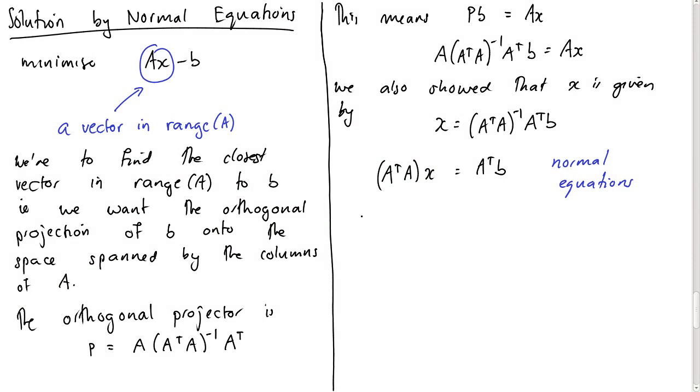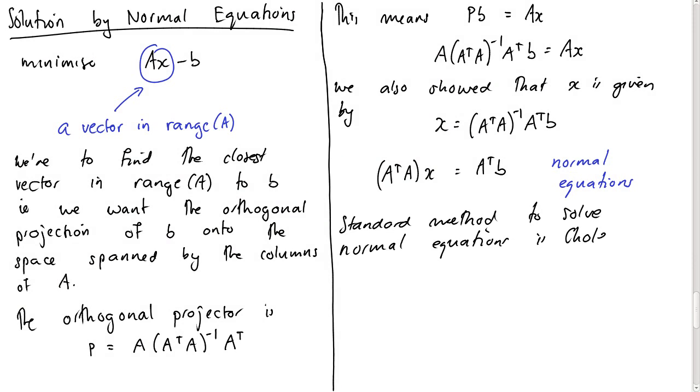So the standard method to solve these normal equations is by something called Cholesky factorization. We will do it later on in the course, so I'll just put the word out now so it doesn't look completely unfamiliar, and when you come back and study, then you'll see the connection. Okay, so that's the standard method to solve these.